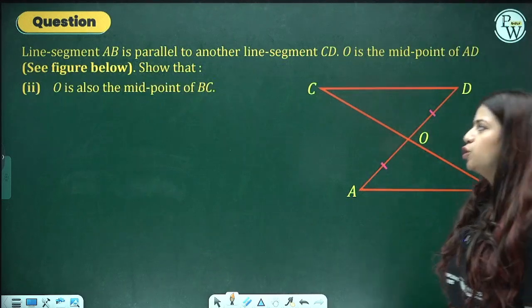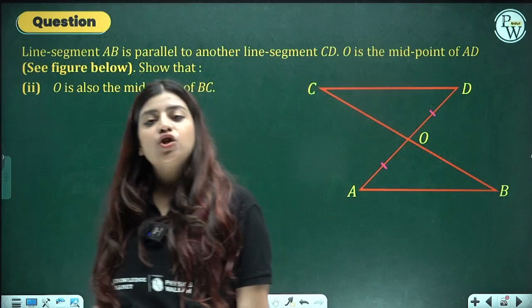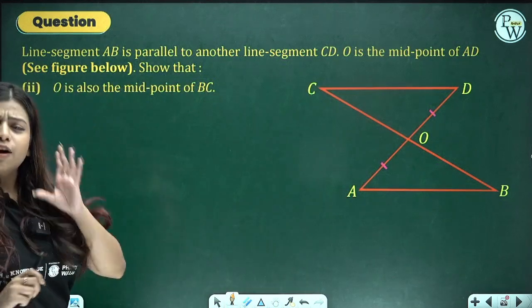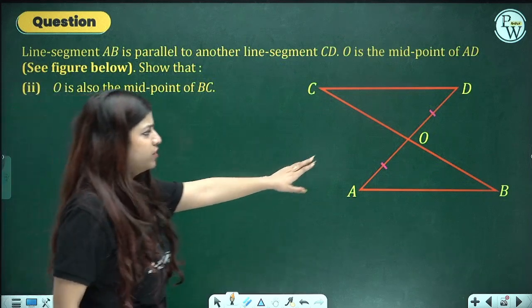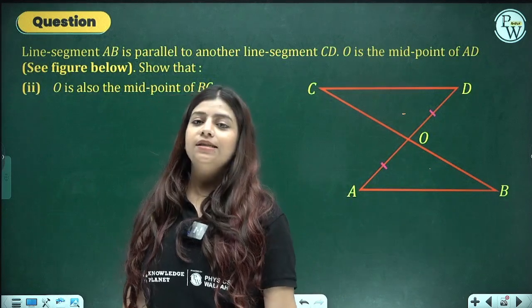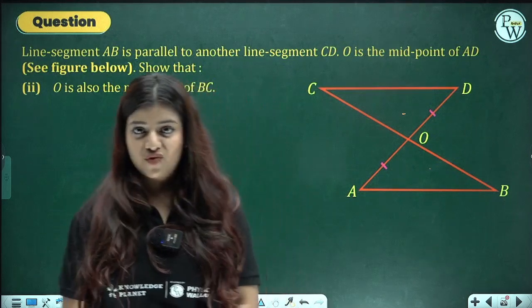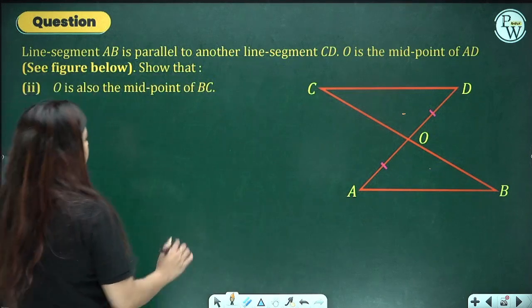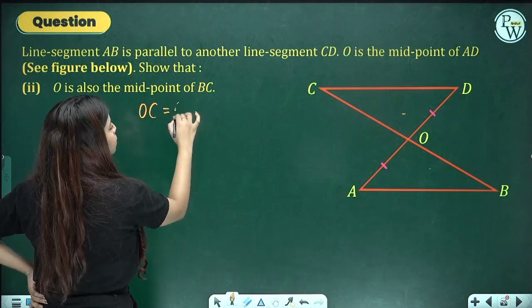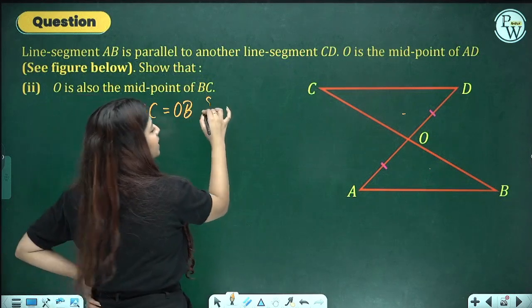Now we have to show that O is also the midpoint of your line BC. First of all, we have already proven the congruency of these two triangles by the angle side angle criteria, ASA criteria. Now we can say that OC is equal to OB by CPCT.